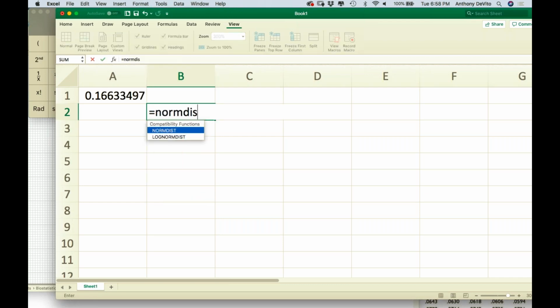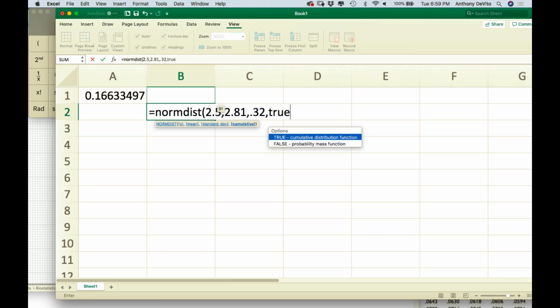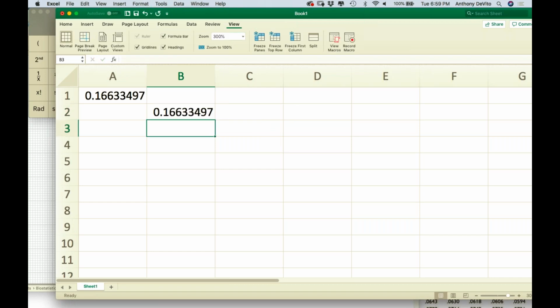NORM.DIST, parentheses, 2.5. Well, no, the x is 2.5, right? The mean is 2.81, right? Comma, 0.32 is the standard deviation, comma, true. Now, cross your fingers. I don't have to do this again. It came out right that time, fortunately.